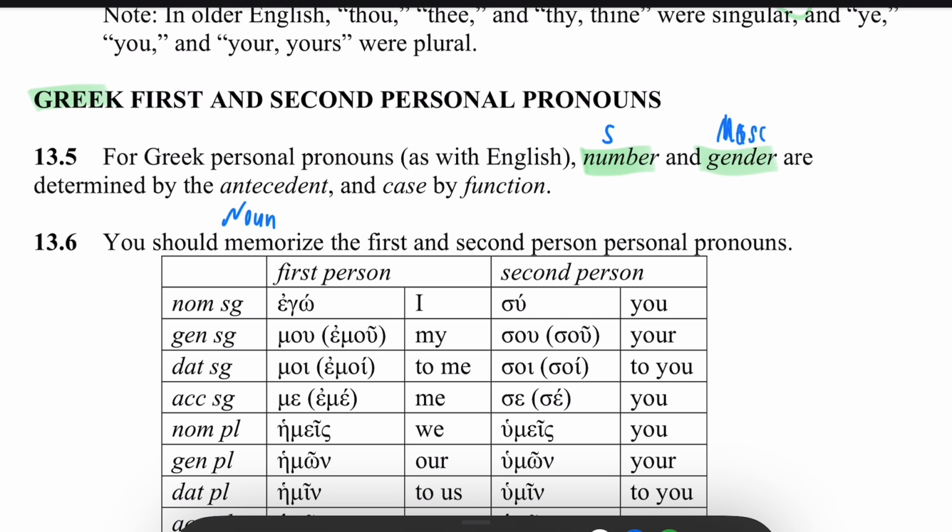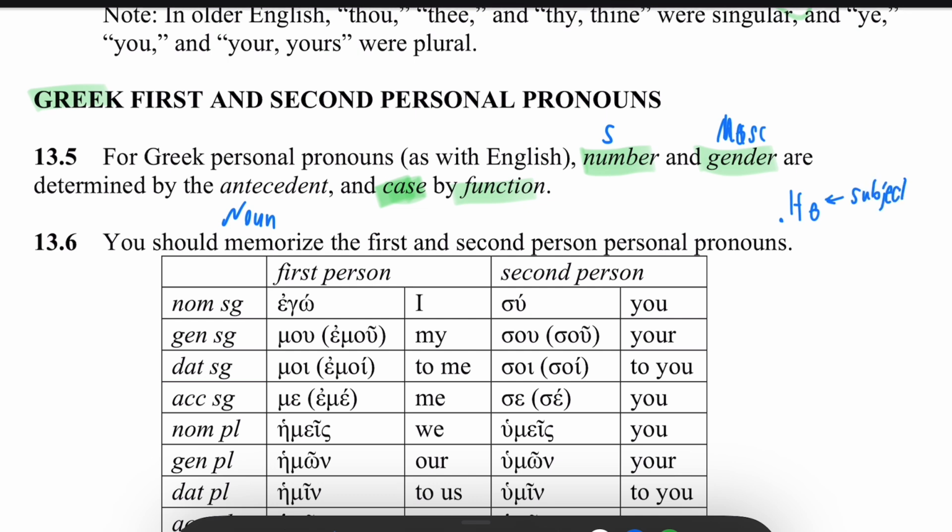But the case is governed by function. So in the example, Tom went to the store and he bought milk, there he is still the subject in that second clause, so it is subjective case.